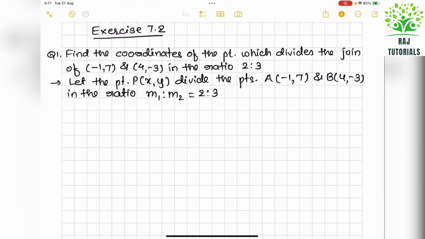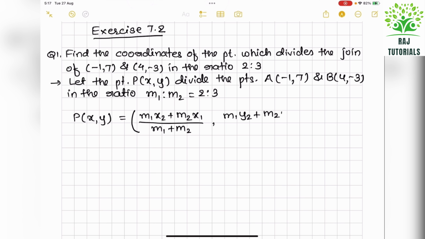So I got all the values. So now formula was P(x, y) equal to (m1 x2 plus m2 x1) upon (m1 plus m2) comma (m1 y2 plus m2 y1) upon (m1 plus m2).